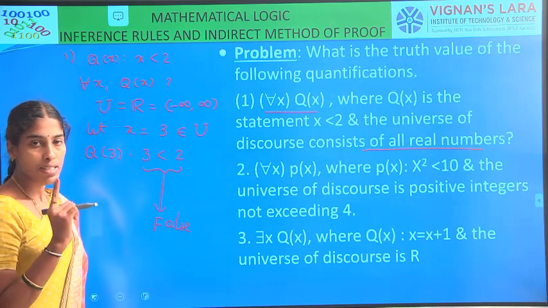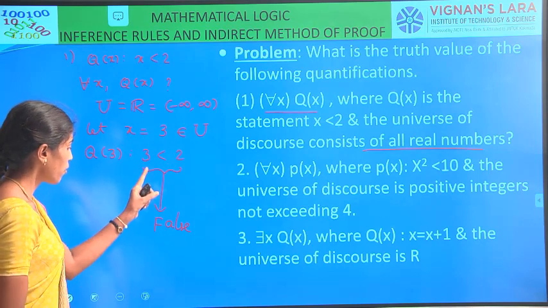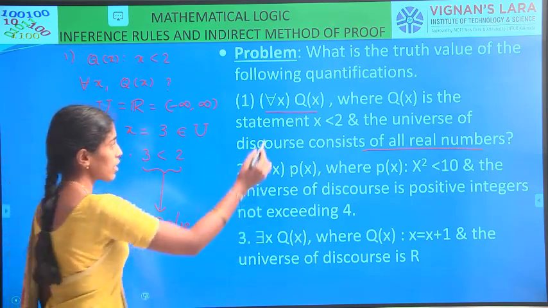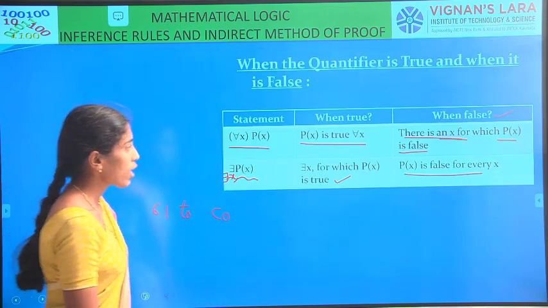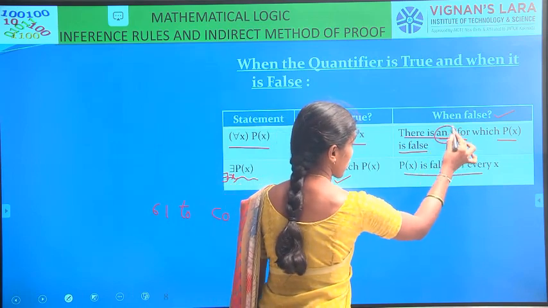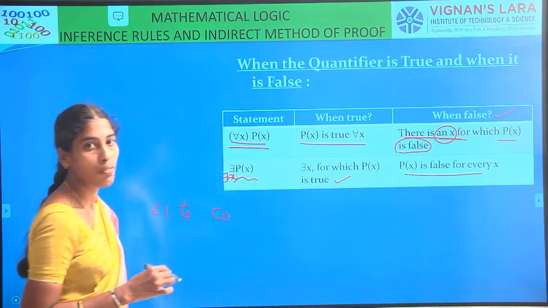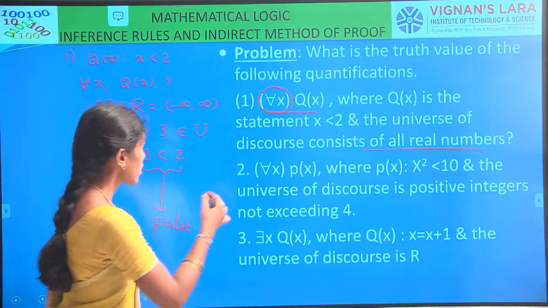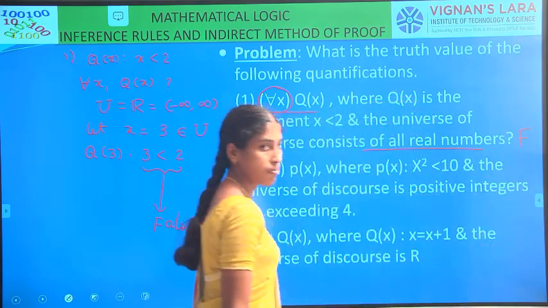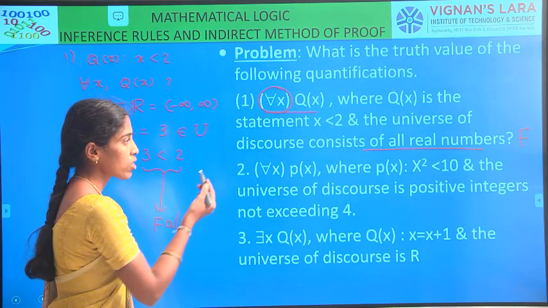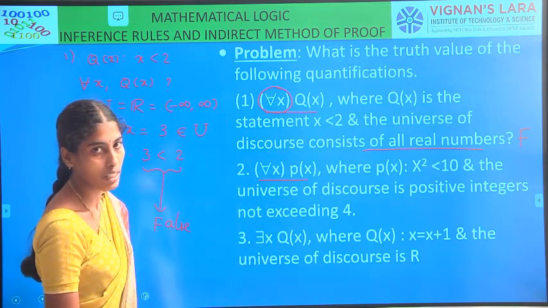At least for one value in the universal set, if it is false, then because it is the universal quantifier, the truth value of the universal quantifier is false. So the truth value of for every x Q of x is false.